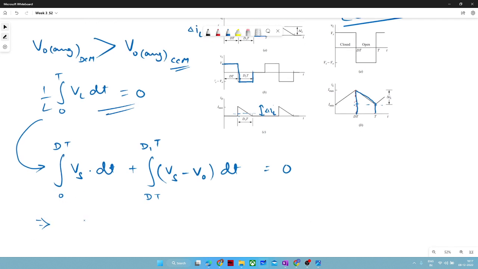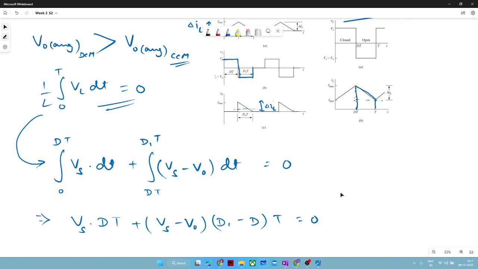So we need to solve Vs into DT plus (Vs minus V naught) into D1T equals 0.